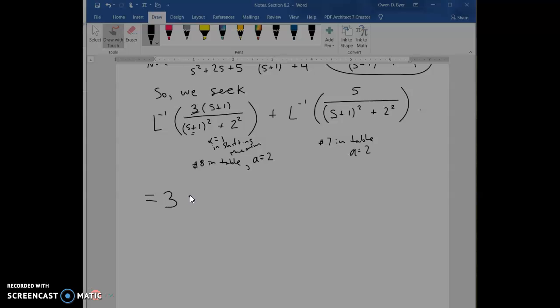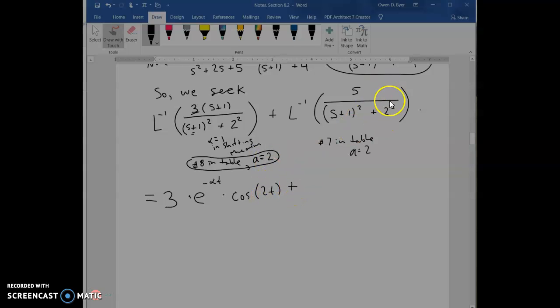And because of the shifting by negative 1, this will be e to the negative t, because alpha is 1. And then it'll be cosine of 2t. Again, that's using number 8 in the table, and the a equals 2 gives us that 2 here.